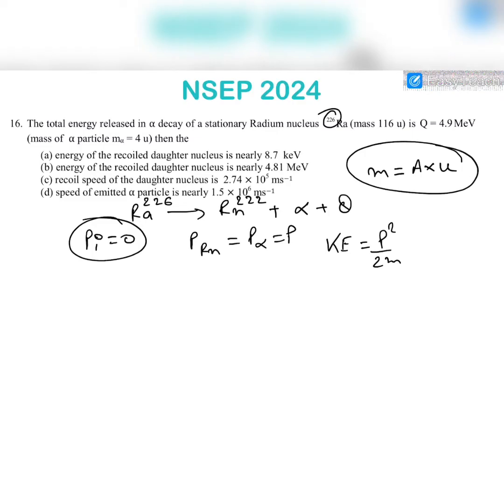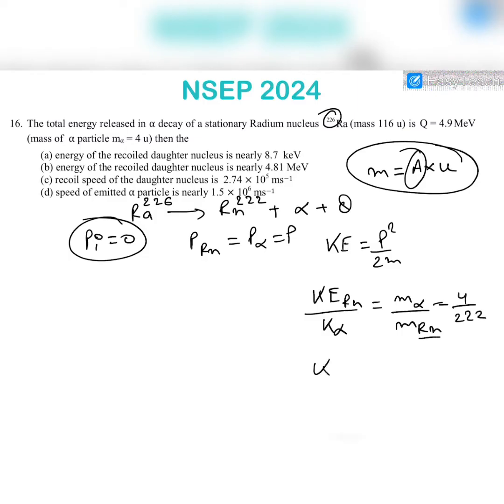So we can say that kinetic energy of radon and kinetic energy of alpha particle is in the inverse ratio of masses. Mass of alpha upon mass of radon. And masses are in the ratio of atomic number. So the atomic number of alpha particle is obviously 4, and for this radon, it is 222.